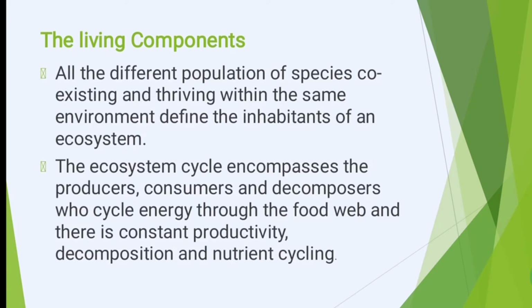All the different populations of species coexisting and thriving within the same environment define the inhabitants of an ecosystem. The ecosystem cycle encompasses the producers, consumers, and decomposers, who cycle energy through the food web, and there is constant productivity, decomposition, and nutrient cycling.